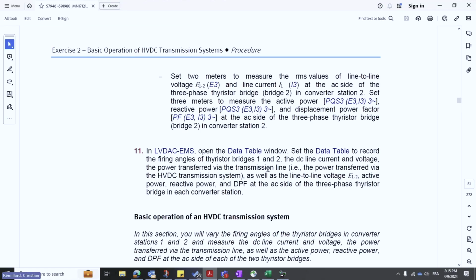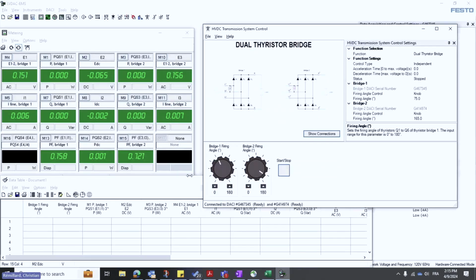So if we look at the software where I have already pre-configured all that, we can see that on the HVDC Transmission System control window, we have the dual thyristor bridge function selected here, independent as required. Then we have the bridge 1 controlled by the knob set at 75 initial value, and bridge 2 controlled by the knob set at 165 for the initial value.